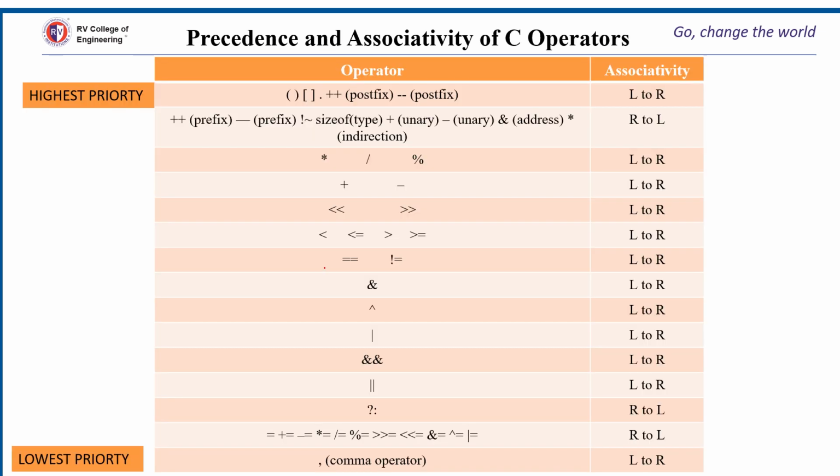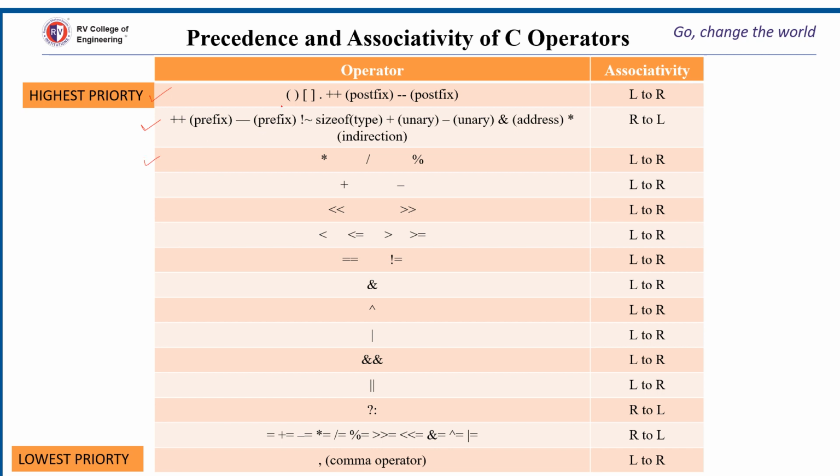There are many operators, as we discussed in a previous video, that are available in the C language. Each of these operators has its precedence and associativity. This table lists the precedence in the order of higher priority, that is, the first row of the table has the operators with the highest precedence, then lesser precedence than the first, and so on.